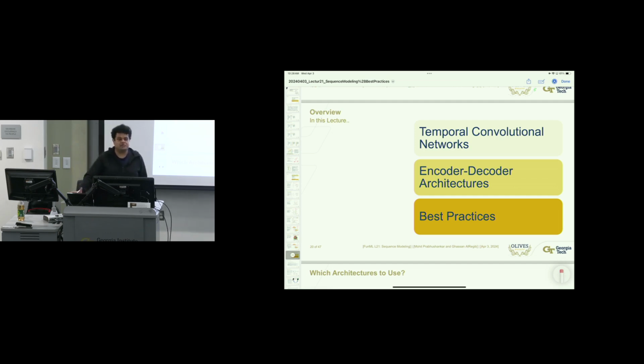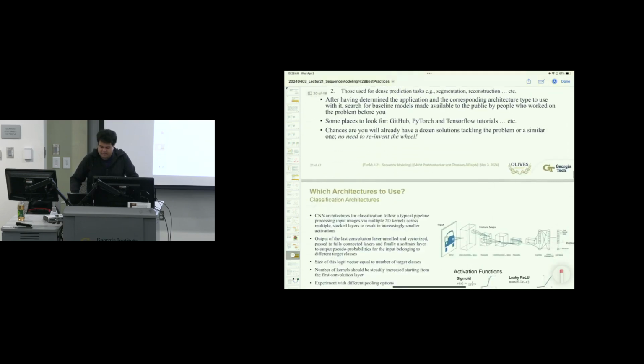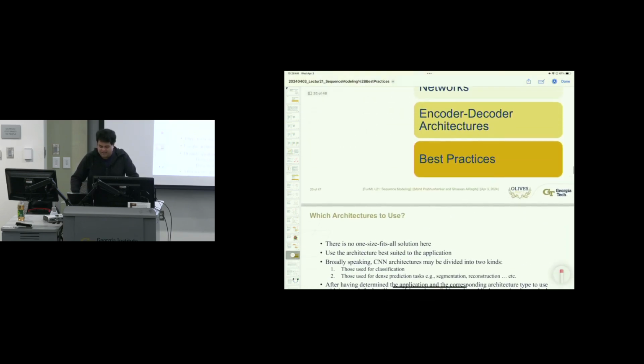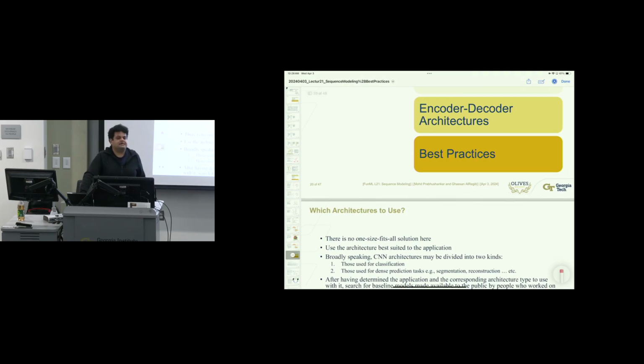From those architectures, we moved on to autoencoders, and within autoencoders, there were convolutional networks, fully connected networks, variational autoencoders, and all the sequence modeling that we have done, which is RNNs, LSTMs, temporal convolutional networks, and encoder-decoder architectures, right? So the next few slides are going to cover something like best practices for all of these things.